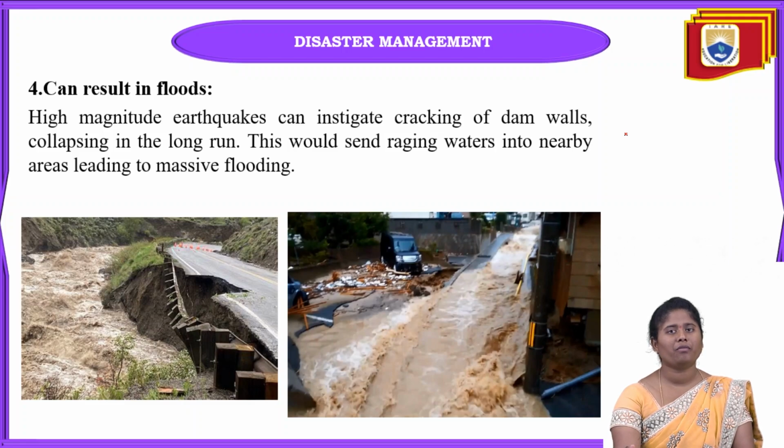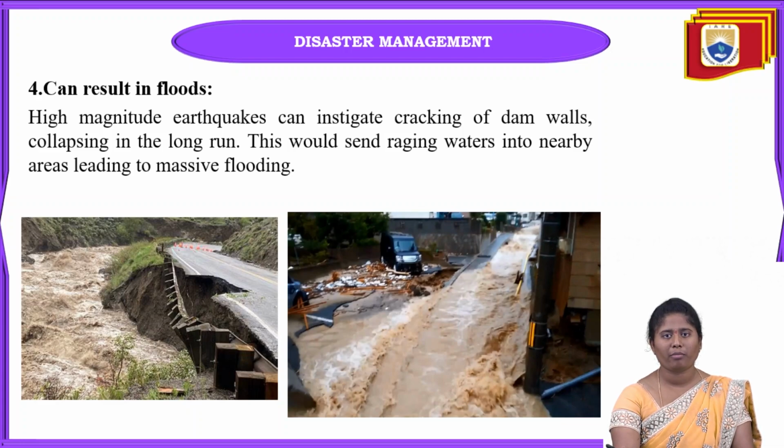Due to this, when the dam walls are cracked, there will be collapse in the long run, and the flow of water will leak out. This would send raging waters to the nearby areas, which will lead to massive flooding. So that's why floods occur due to earthquakes.